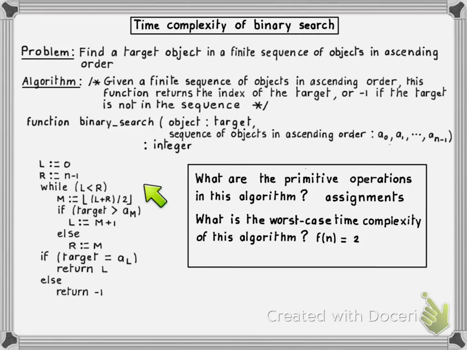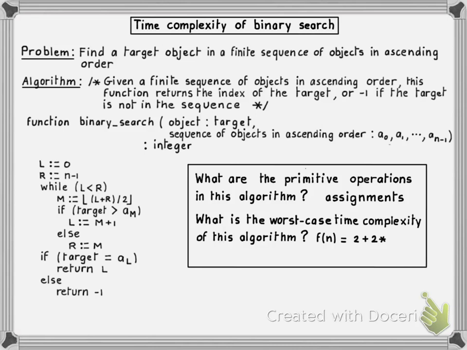So let's compute the number of assignments executed in the while loop. We already know that for each iteration of the loop, 2 assignments are going to be executed, one here and one of these. So the total number of assignments in the while loop is going to be 2 times the number of iterations in the while loop.